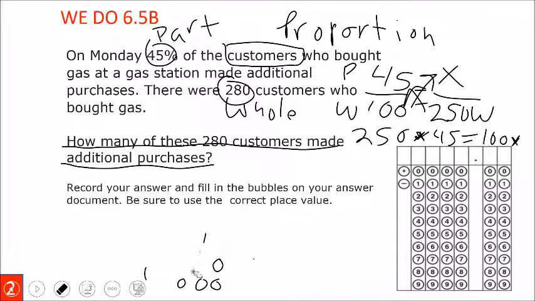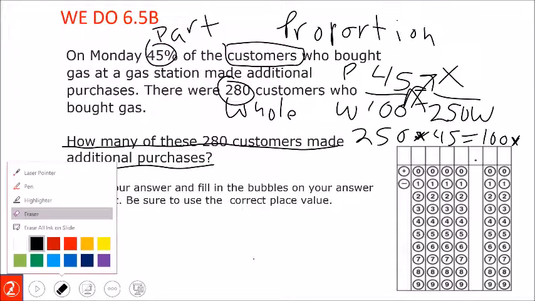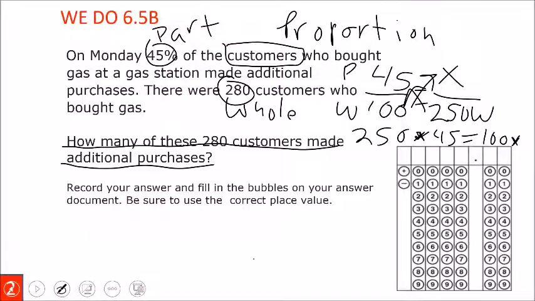Move it here a bit so we can do this. All right. Try again. 250 times 45. 5 times 0 is 0. 5 times 5 is 25. 5 times 2 is 10, plus 2 is 12.